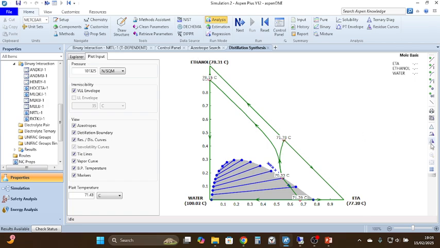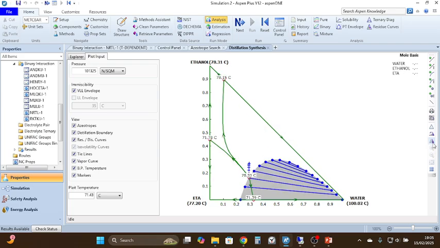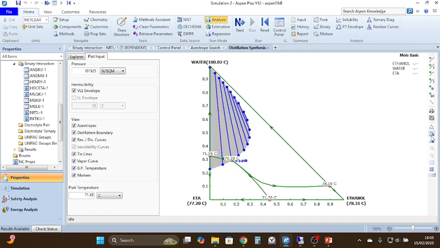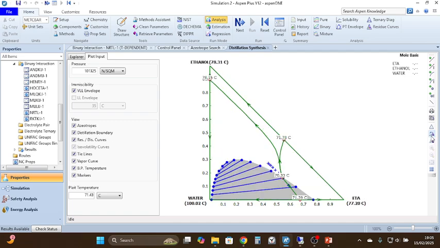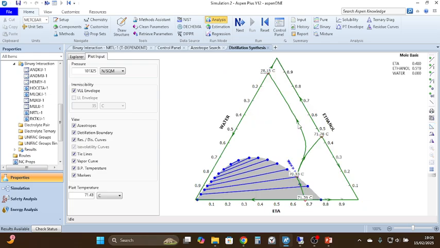You can change the orientation. So this is a right angle triangle. If you want to visualize it in an equilateral triangle, you can. You can flip it like this. I hope, is there anyone who knows how to read these graphs?